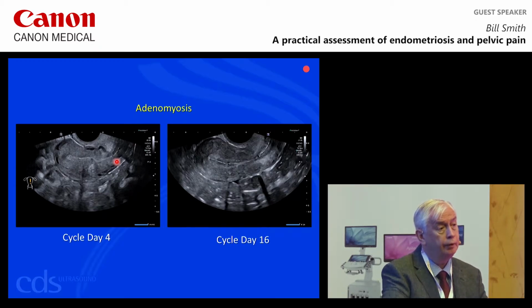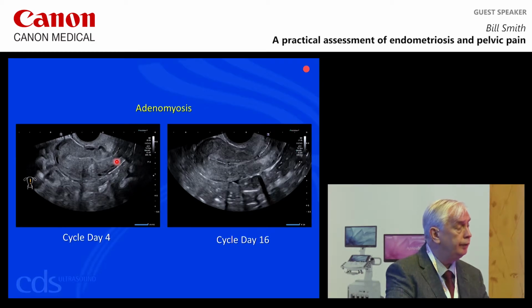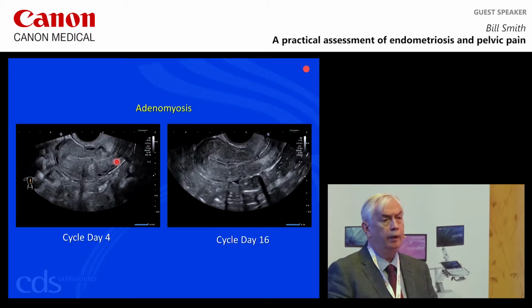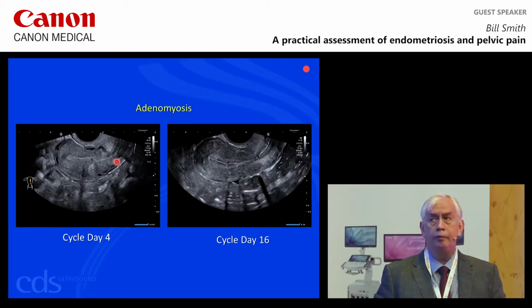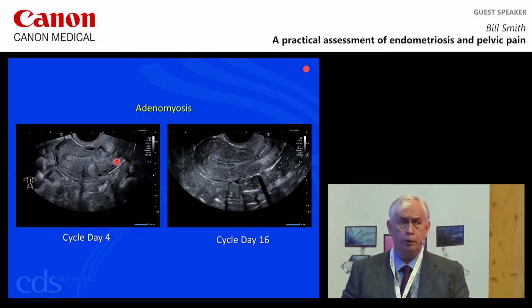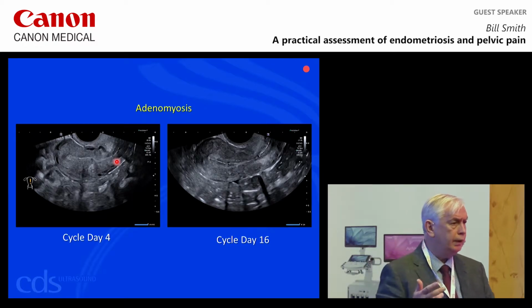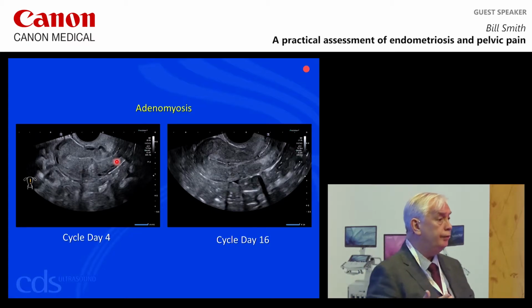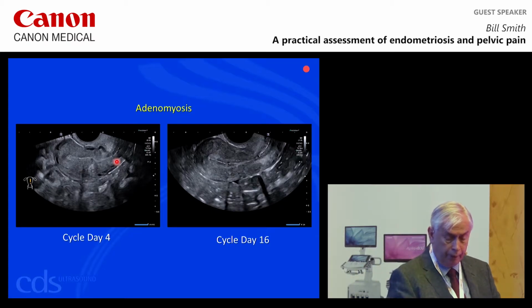If you look at the nature of endometriosis, you would expect changes. And you expect the myometrium to look different at that stage of the cycle compared with the ovulatory phase of the cycle. But we need good quality grayscale to give us that confidence. It's an area that we're working on at the moment, but it does help us in confirming the likelihood of the presence of adenomyosis.